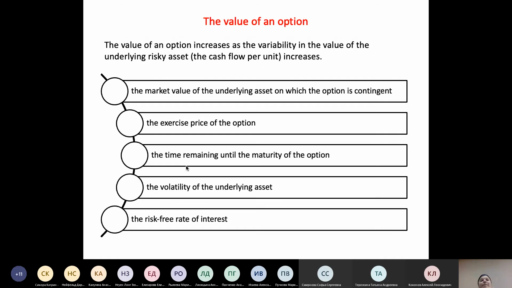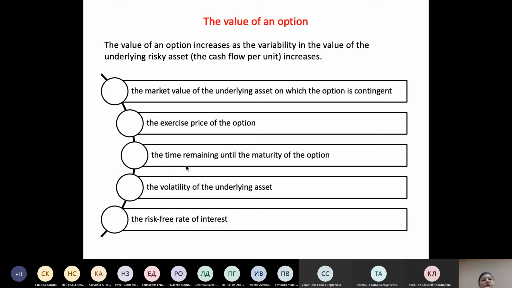And now let's find the main parameters, and later we'll start the model of valuation of our real option. Certainly we'll start with the Black-Scholes model, and it'll be the modification of the classical Black-Scholes model from financial options to real options.